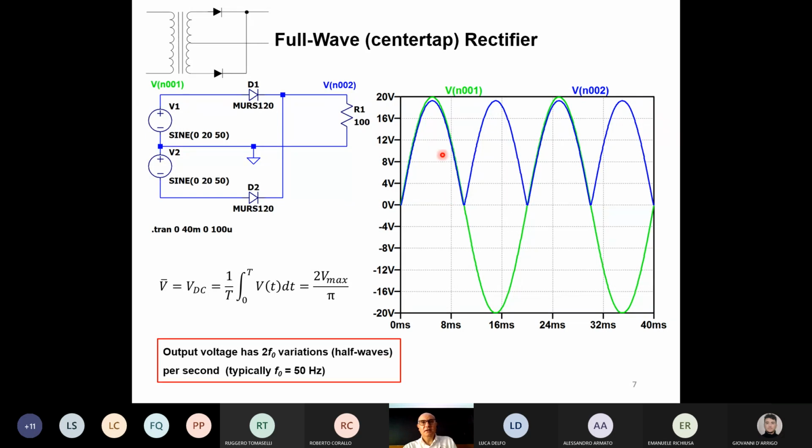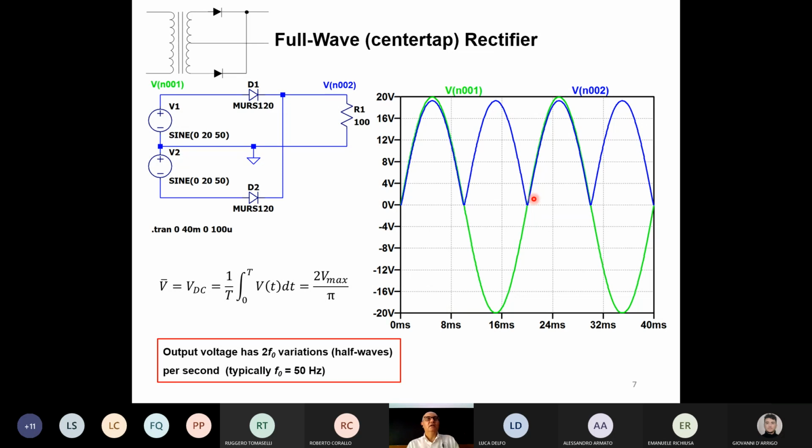This is interesting because having an output voltage with a variation which is faster than before means that when we want to filter it, we can use a capacitor which will be half of the previous case. Okay, more or less. So working at high frequency usually gives you better performance than working at low frequency. Here, just the difference between 50 Hz variation and 100 Hz variation.